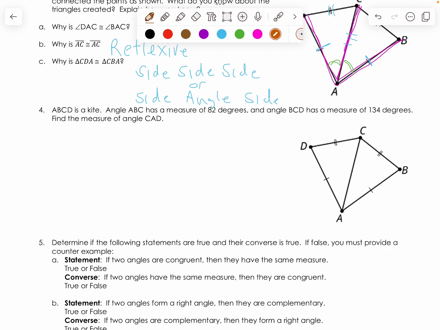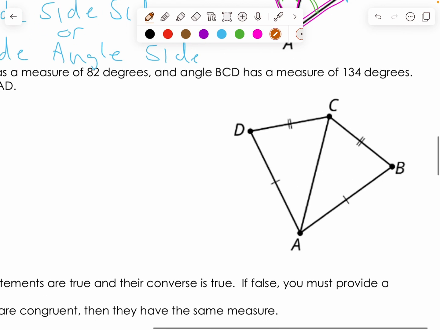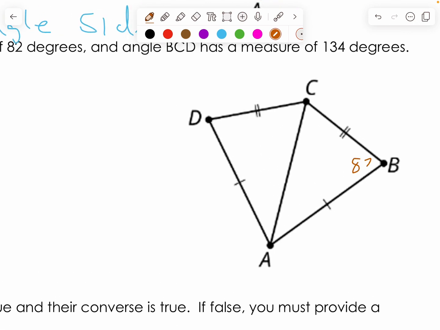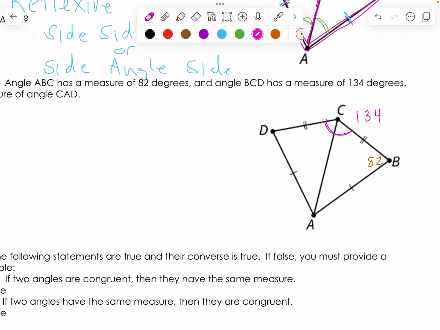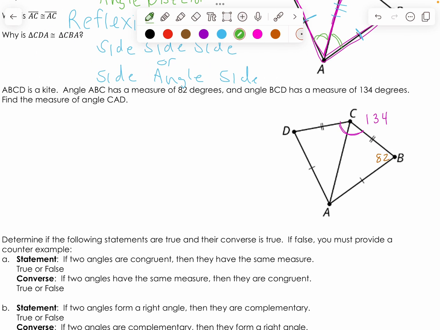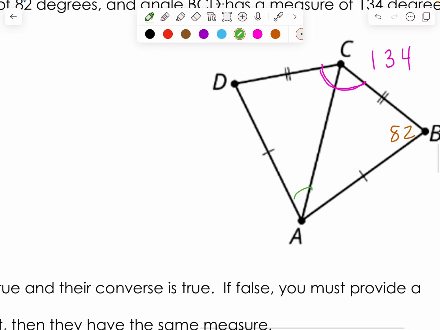We got a problem about a kite. Angle ABC has a measure of 82 degrees. BCD, this whole angle right here, is 134. We need to find this angle down here.